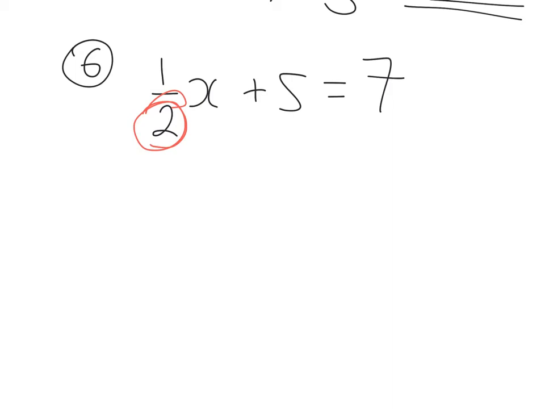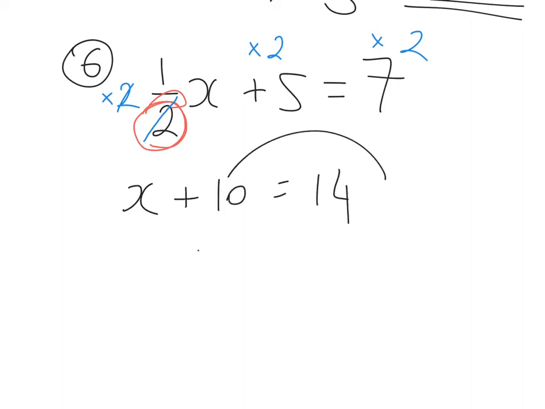So I could multiply everything here by 2. If you were to multiply the half by 2, the divide by 2 would just cancel out with the times by 2. I would then multiply the 5 by 2 and the 7 by 2. So the times by 2 and divide by 2 there would cancel out, it just gives me x. 5 times 2 is 10, and 7 times 2 is 14, and that's quite easy, x is equal to 4.